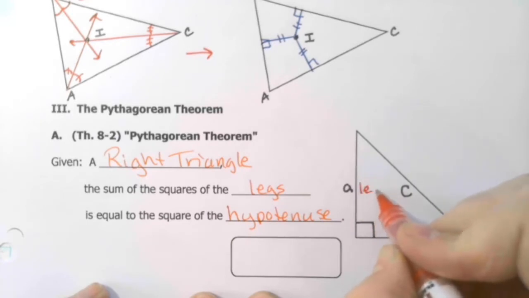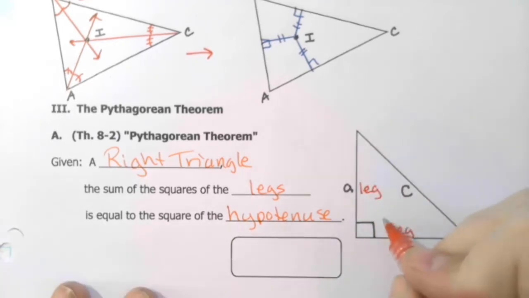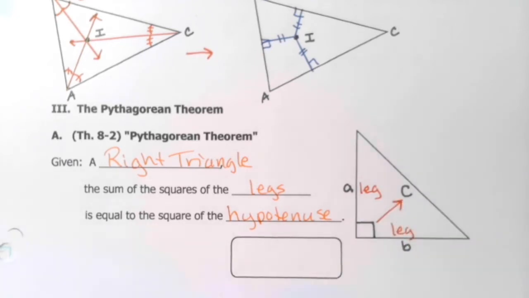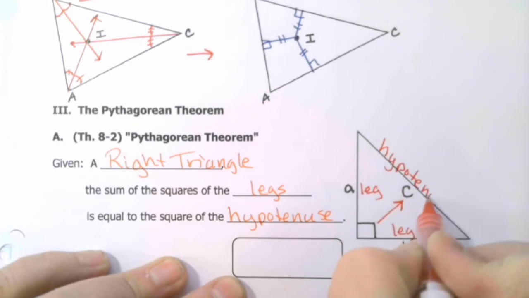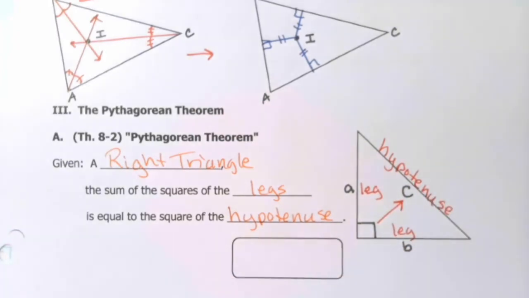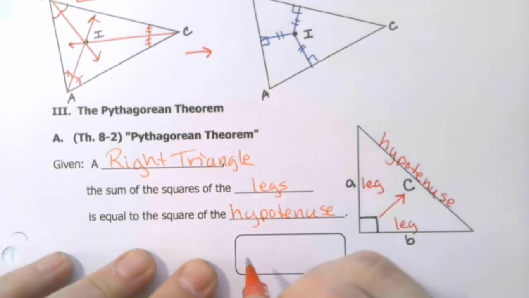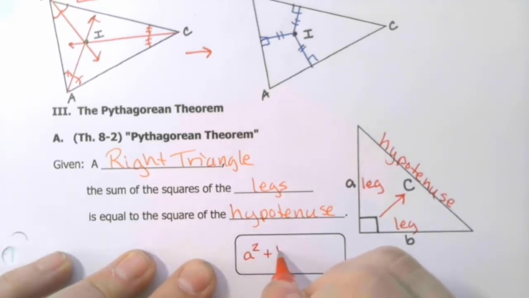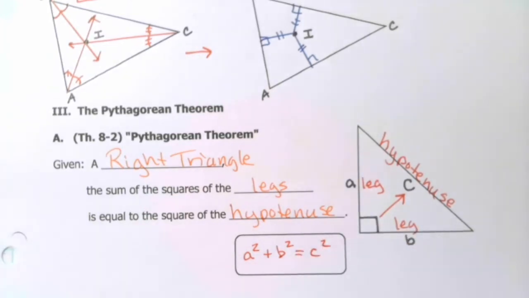The sides next to the right angle are the legs. They can be different lengths. The side opposite the 90 degrees is always the longest, and we always call that the hypotenuse. And according to this, the sum of the squares of the legs, so a squared plus b squared, is equal to the square of the hypotenuse, so it equals c squared.